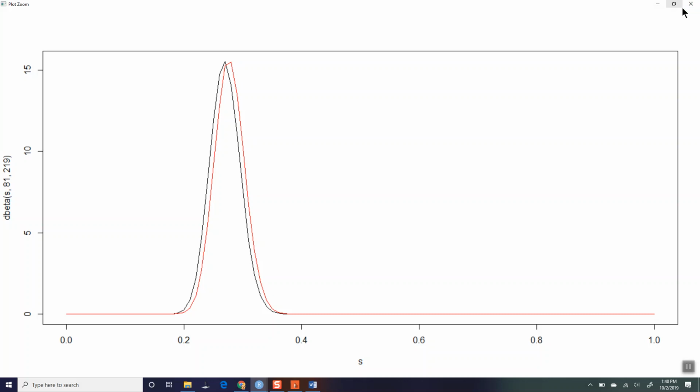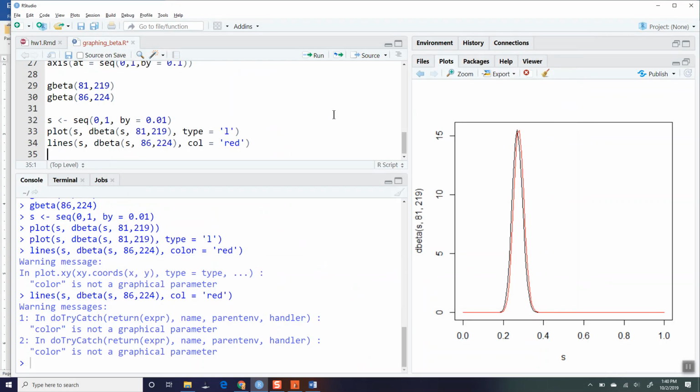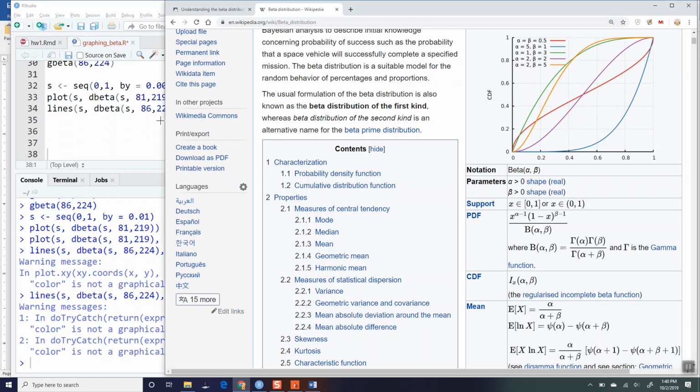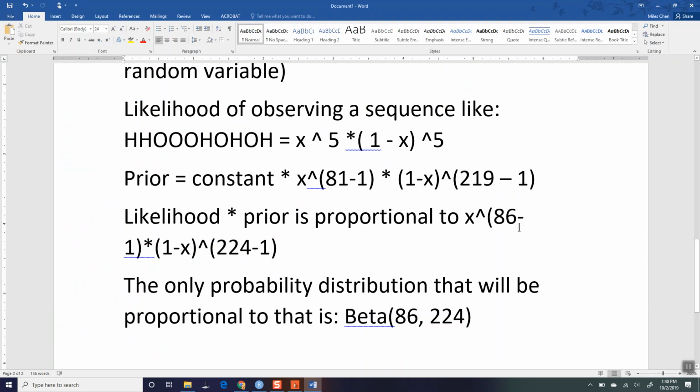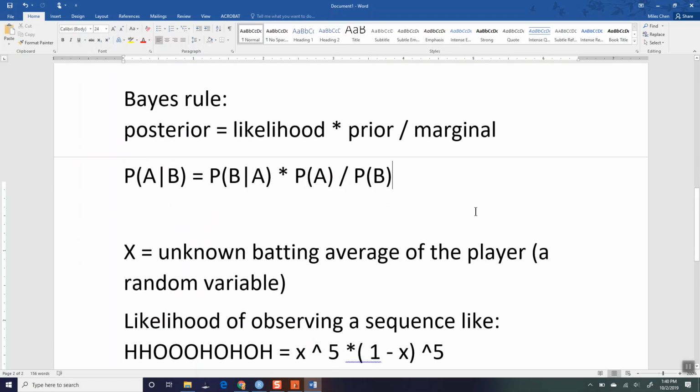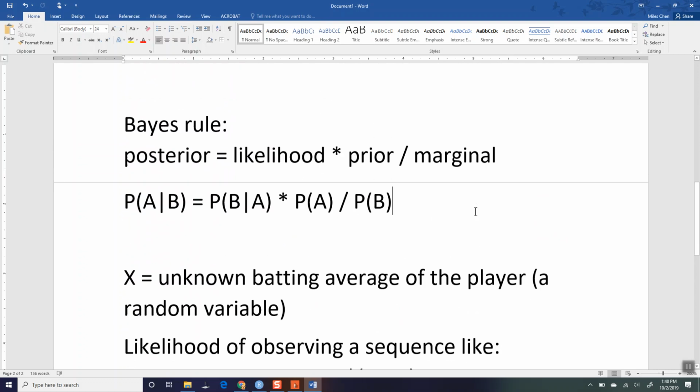Now, we can also see how this is subject to different people's starting opinions, okay? Here the prior probability was modeled with the shape parameters 81 and 19.